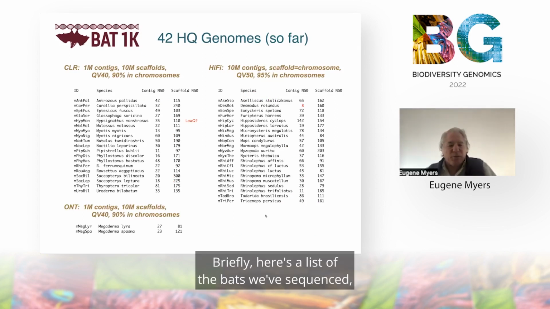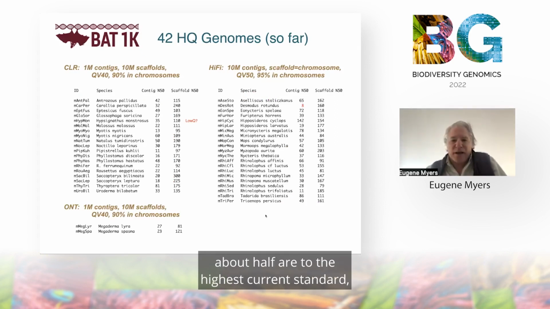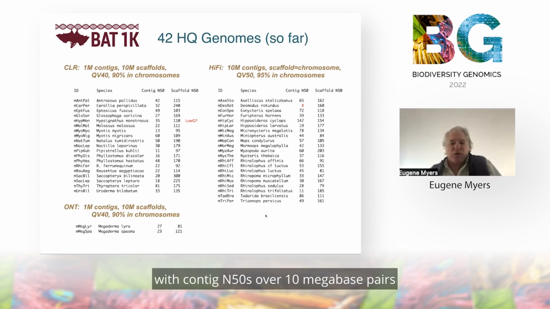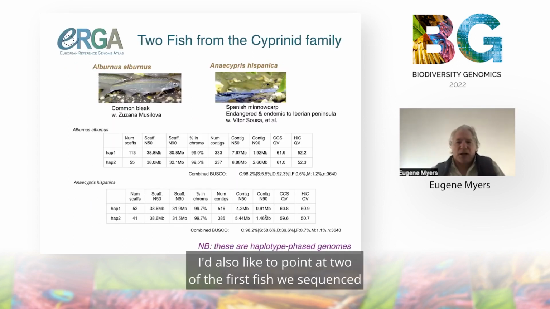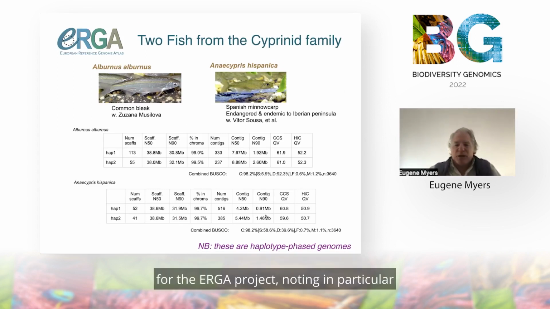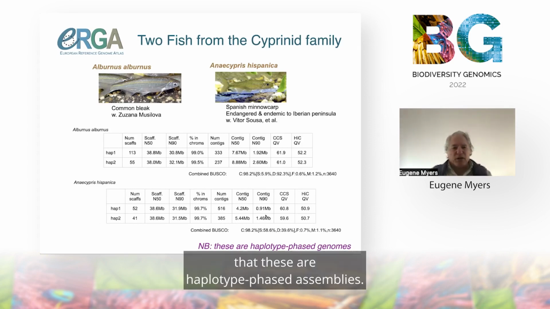Briefly, here's a list of the bats we've sequenced. About half are to the highest current standard, with contig N50s over 10 megabase pairs, chromosome level scaffolding, and a 1 in 100,000 or better error rate in the finished consensus sequence. I'd also like to point at two of the first fish we sequenced for the ERGA project, noting in particular that these are haplotype phased assemblies.